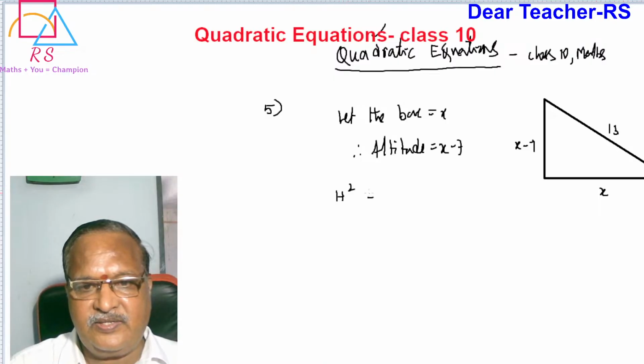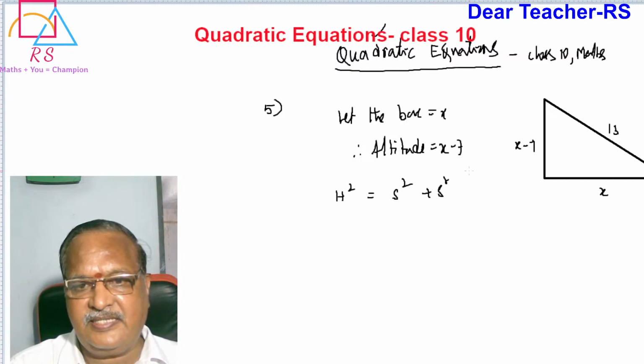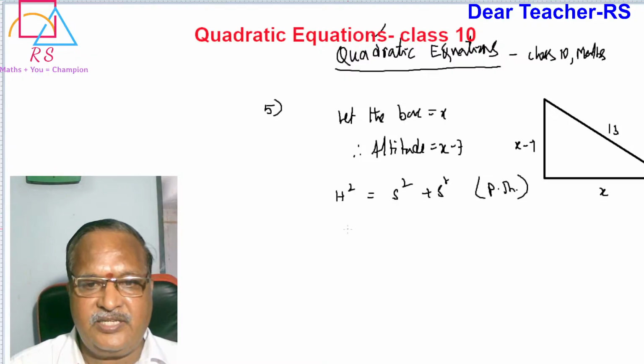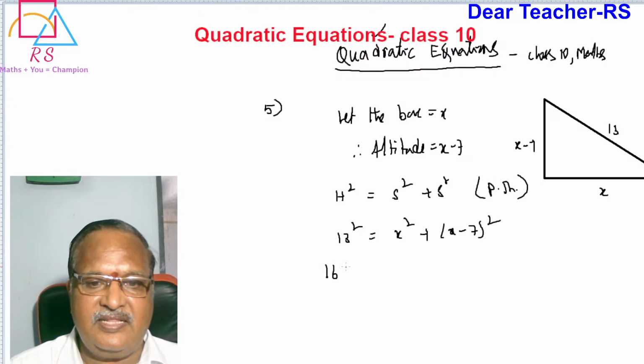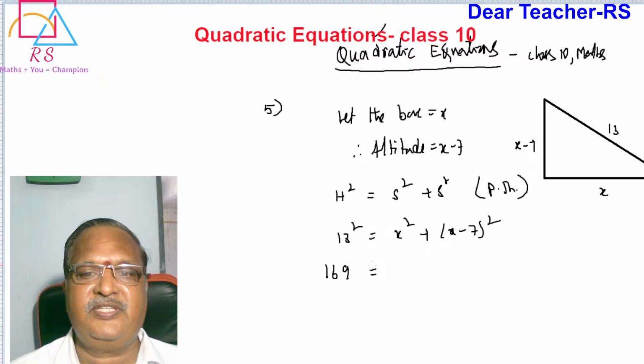H square is equal to side square plus side square. This is the Pythagoras theorem. Then h is 13 square, one side is x square, and the other is x minus 7 whole square. If you simplify it, that's why in the first exercise these questions are given.